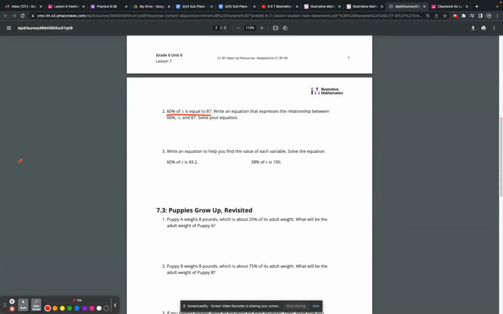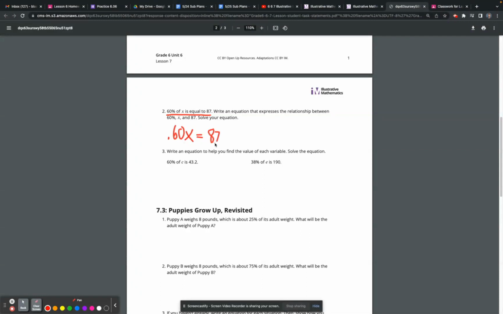So I would write my 60% as a decimal. Of means times x. I'm just going to put that x right next to my decimal because that shows it's being multiplied, equals 87.